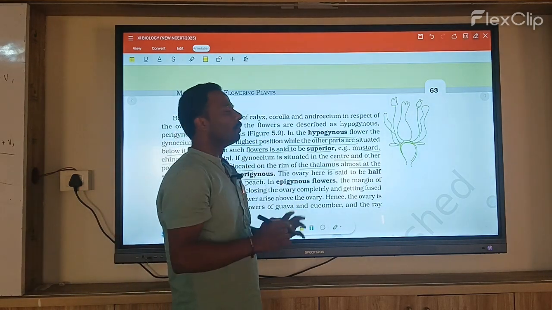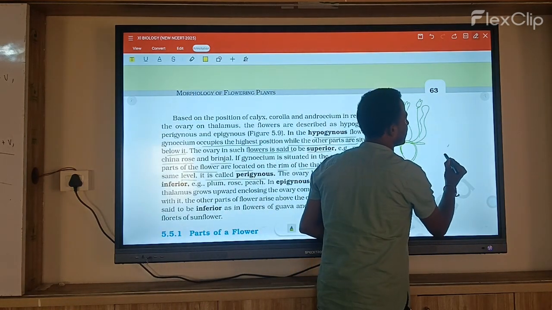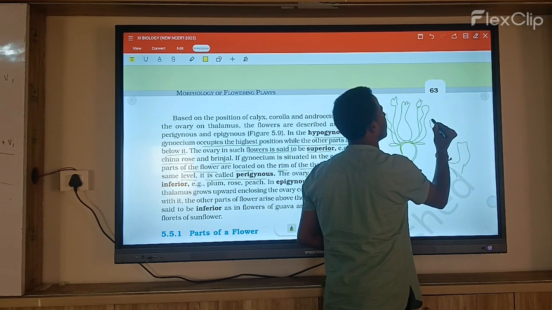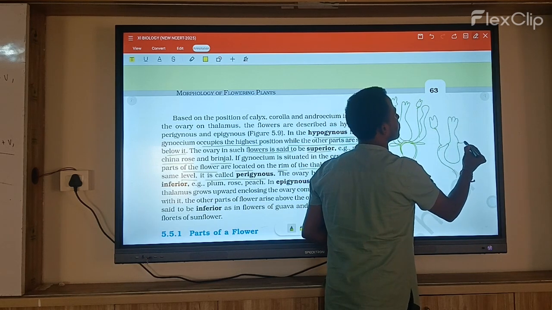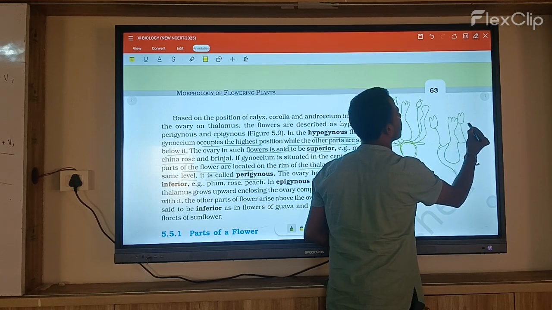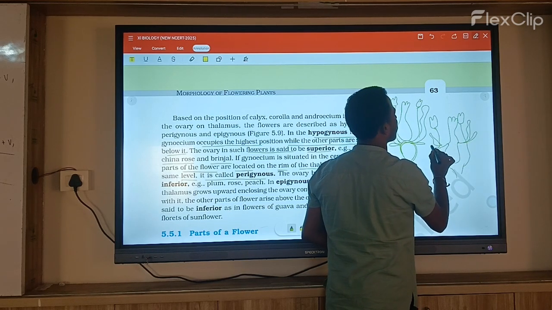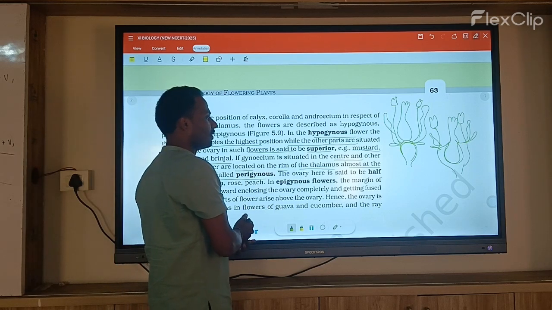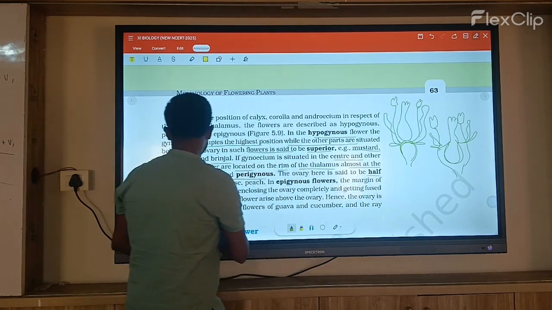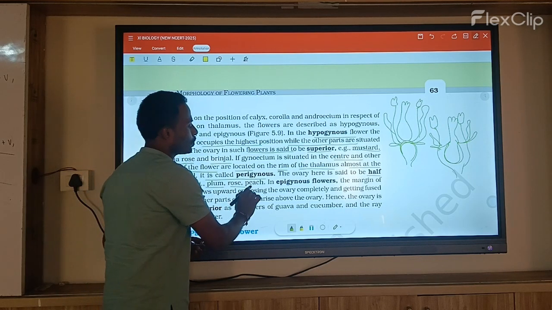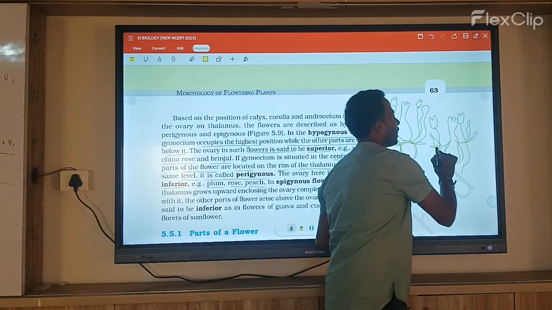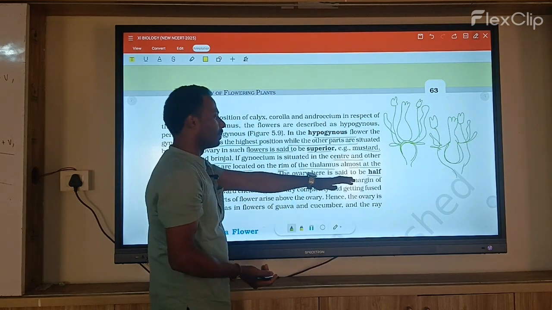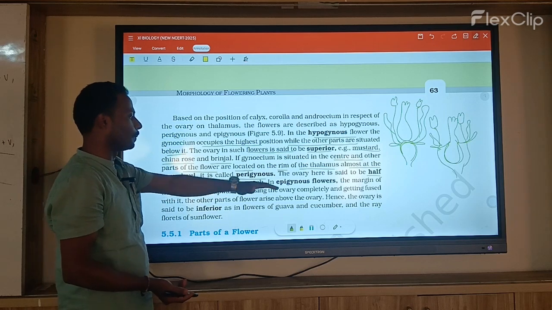In perigynous flowers, the ovary is half superior or half inferior. Examples are plum, rose and peach.